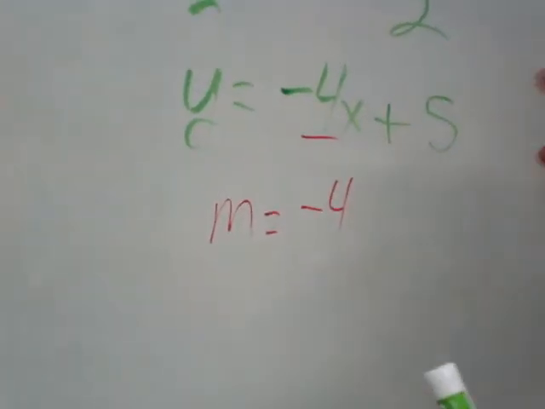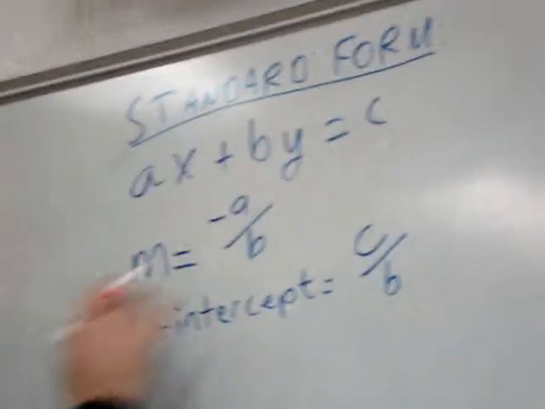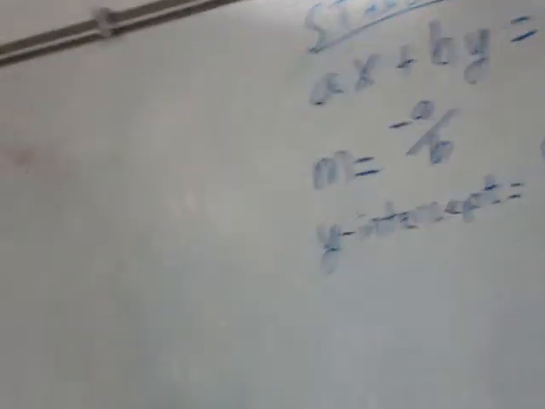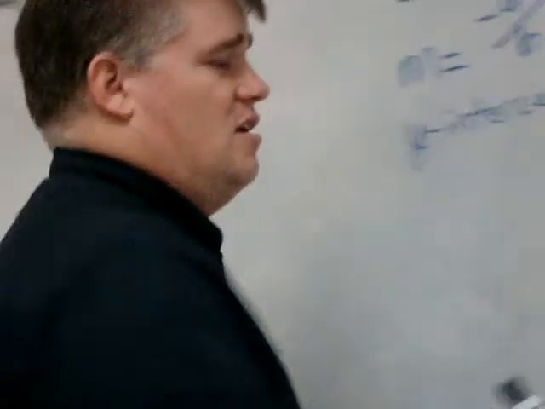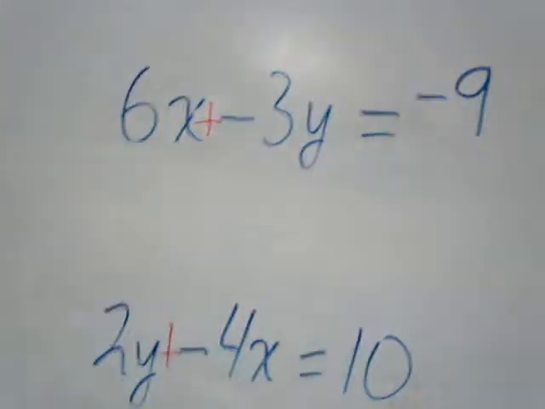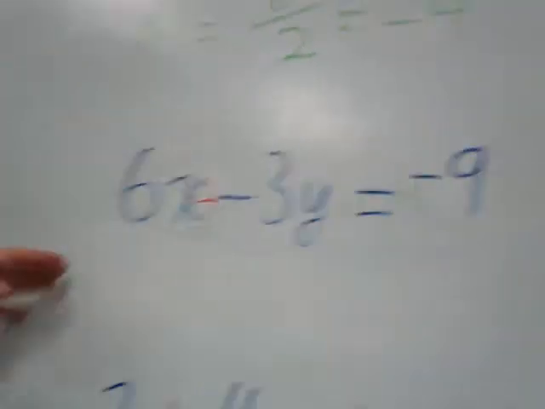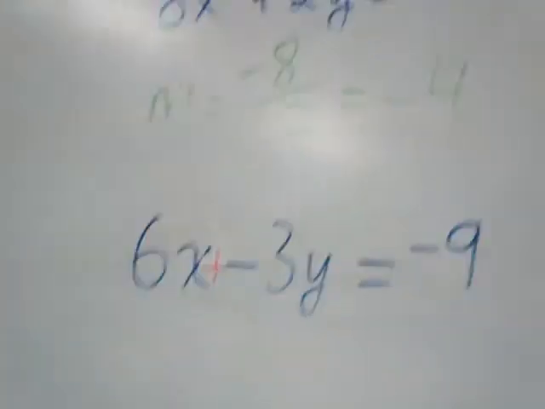Instead of doing the algebraic steps, I can simply use my little tool, where slope equals negative a over b. So now I'm going to try to find the slope with this equation, 6x minus 3y equals negative 9, or 6x plus a negative 3y equals a negative 9.